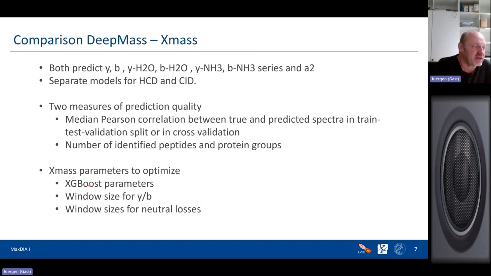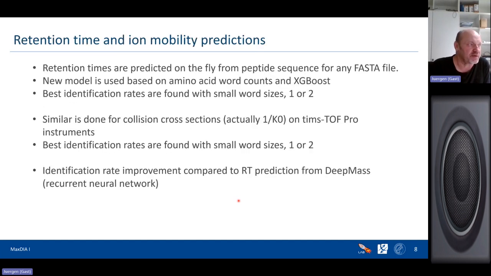Then one can optimize the window sizes for the Y and B series ions, and we have an independent window size that is optimized for the two neutral loss series. So we optimize both of them. And what you can see is that you can obtain quality of prediction with XGBoost that gets close to the quality of prediction of recurrent neural network-based prediction. And so far so good.